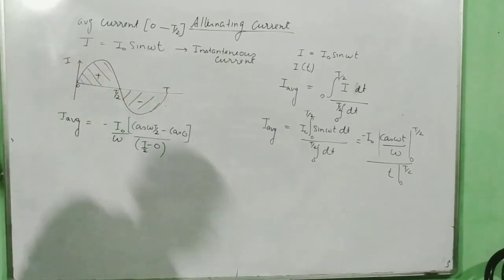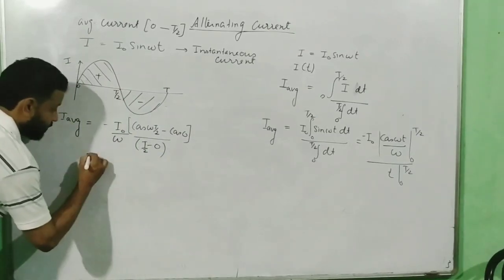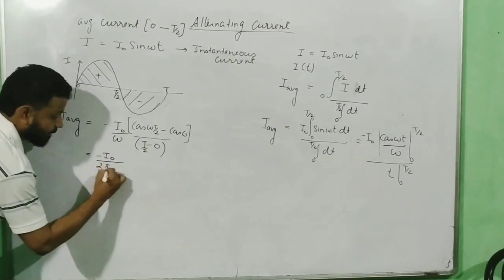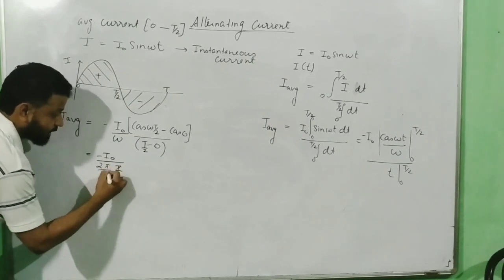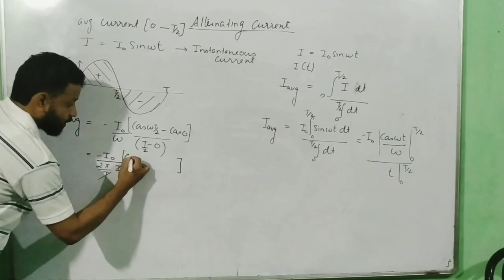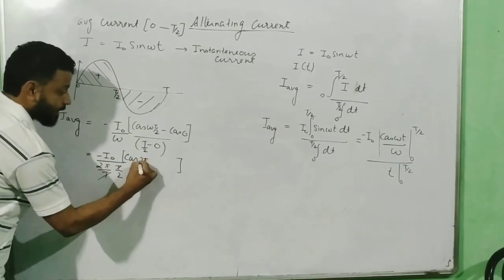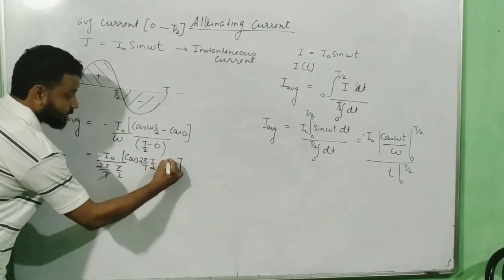Now I will continue from here. Remember what is omega? Omega is 2 pi by T. So minus I naught divided by omega, where omega is 2 pi by T, multiplied by T by 2. So T gets cancelled out. What is happening in the numerator? Cos of omega, which is 2 pi by T into T by 2, minus cos 0.